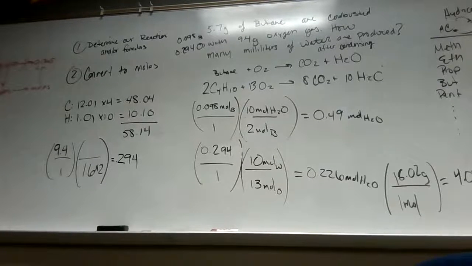You all should know that. 1. If it's liquid water, it will always be basically 1. We get 1 mL per 1 gram. So we get 4.07 milliliters.